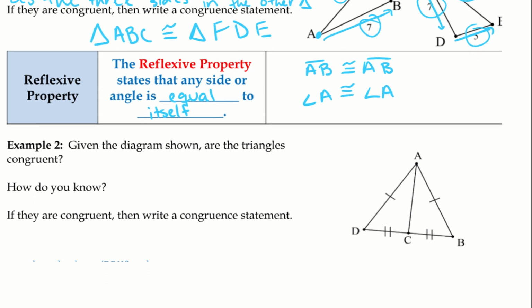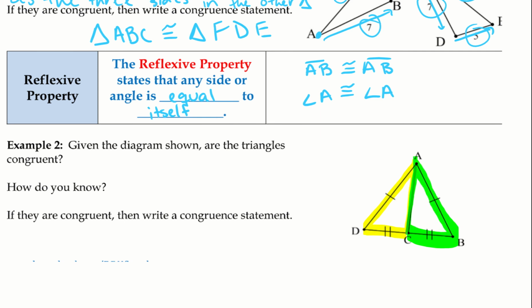Okay, so given the diagram shown, are the triangles congruent? We see that two of their sides are the same, and then they share this side right down the middle. We have one large triangle, but then we have two smaller triangles.